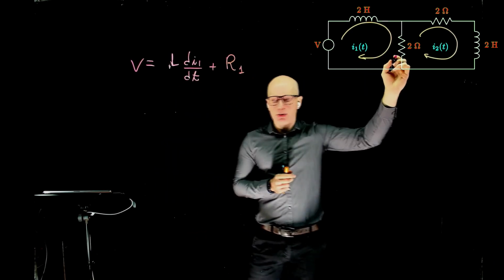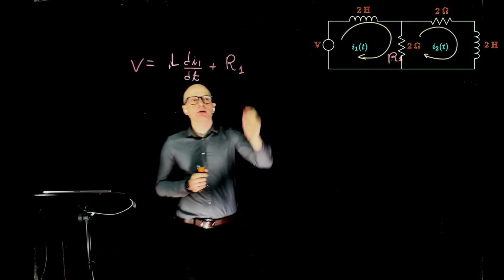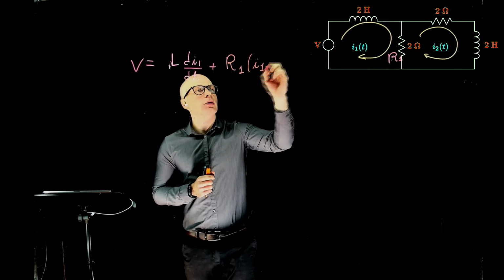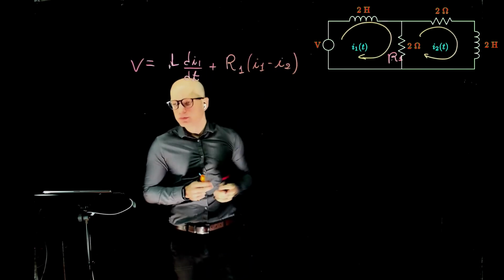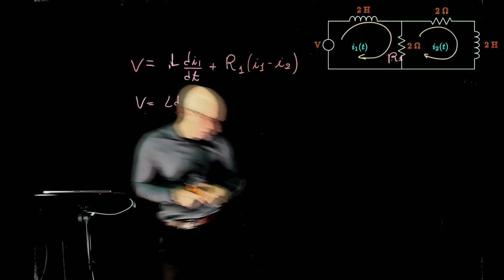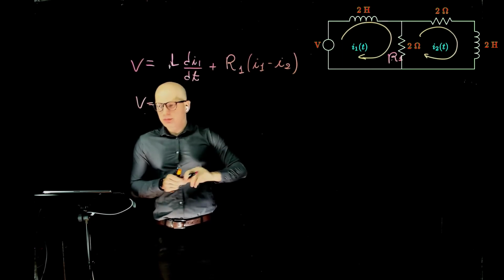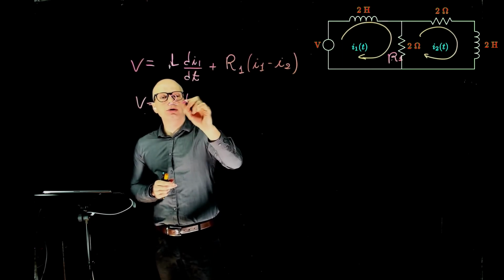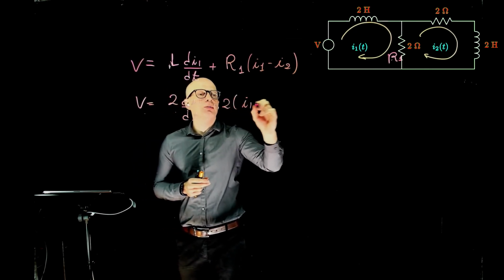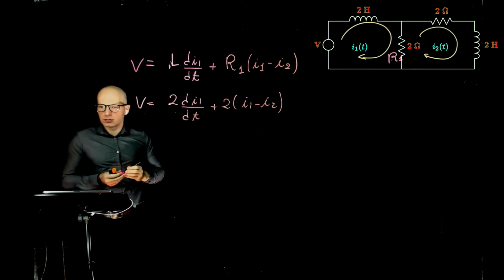Let's call this R1, times I1 minus I2. So V equals L, where L is 2, so 2 di1/dt plus 2 times (I1 minus I2). And that's all.